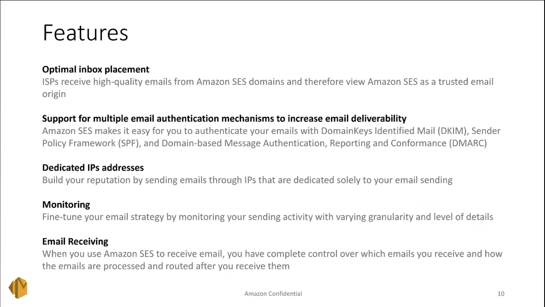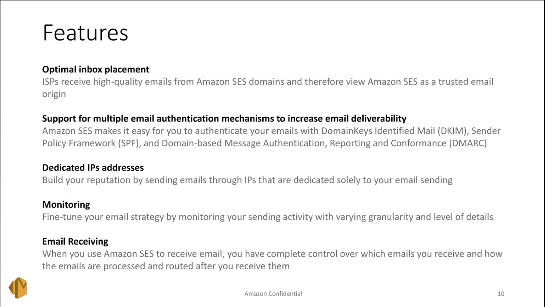On a high level, what are the features that Amazon SES provides to help you get that inbox placement? We discussed earlier optimal inbox placement, and we are calling that out as a feature because that is a hard thing to do. And we support multiple email authentication mechanisms, DKIM, SPF, and DMARC.